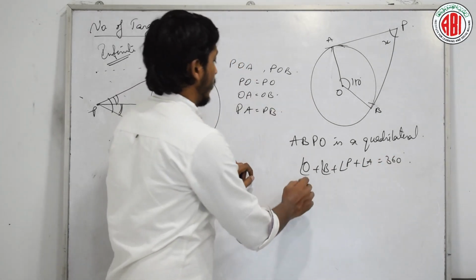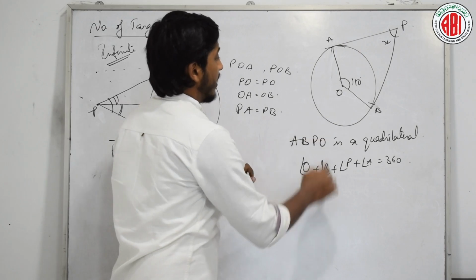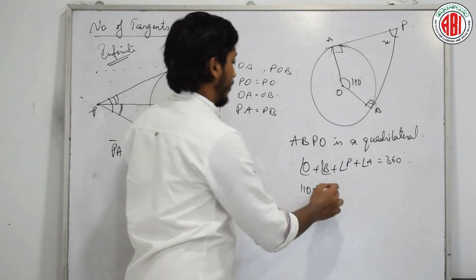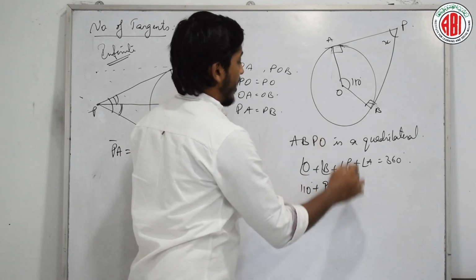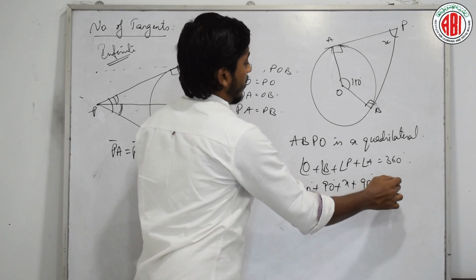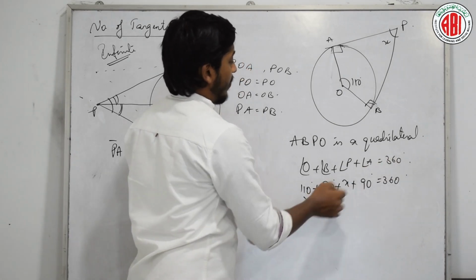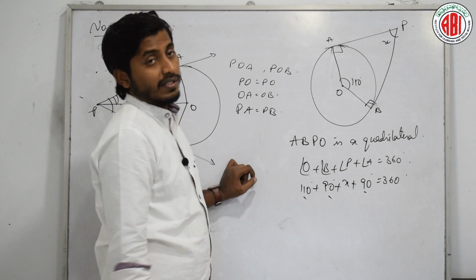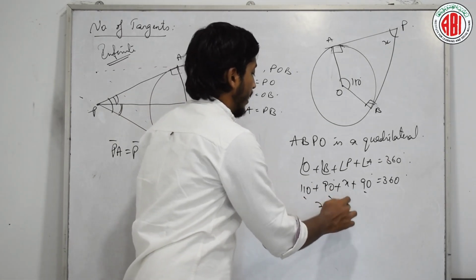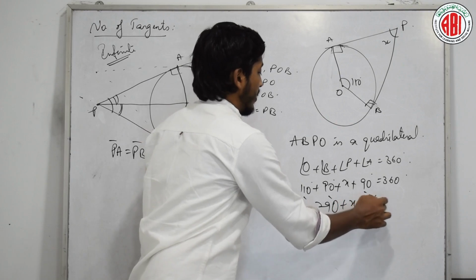What is angle O? 110 degrees. What is angle B? Isn't it 90? What is angle P? X. What is angle A? 90. That is equal to 360. 110 plus 90 plus 90. How much is it? 180, 190, 290 plus x is equal to 360.